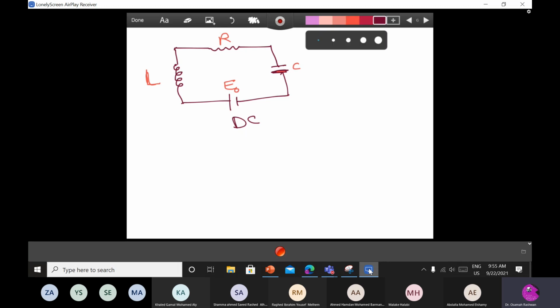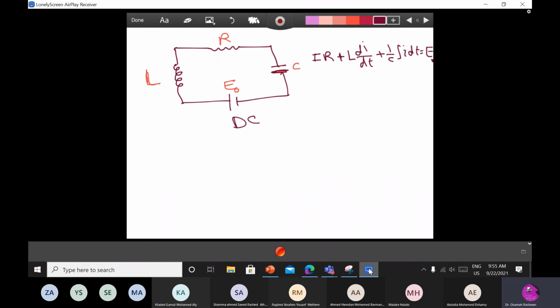If I'm asking you to write the mathematical modeling for this one, I know the voltage in the R is I times R. So I R plus, what is the voltage in the coil? L di by dt. Plus for the capacitor, 1 over C, the integration of I dt, equal to what? Up to Kirchhoff's law, the input is equal to the output.